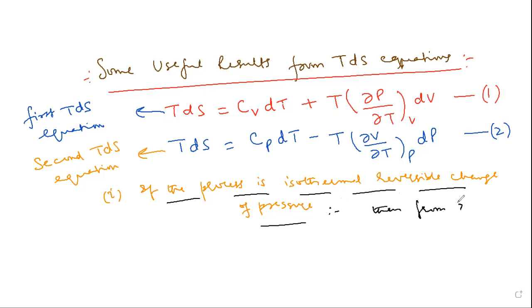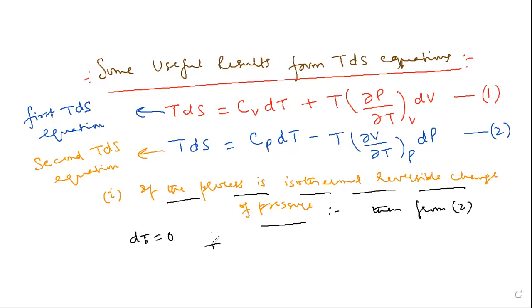From the second TDS equation, where the process is isothermal, that means change in temperature is zero. Temperature of the system stays constant, right? So what will happen to this equation? This term will vanish, will become zero.